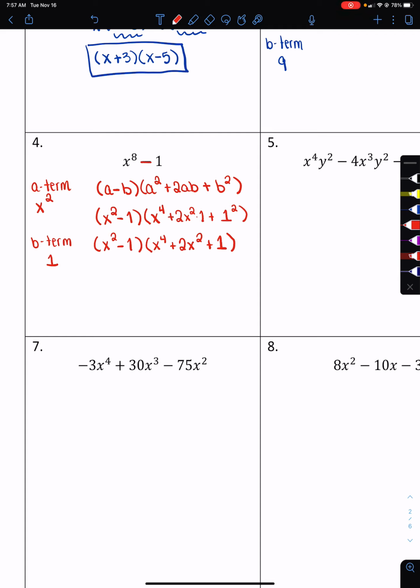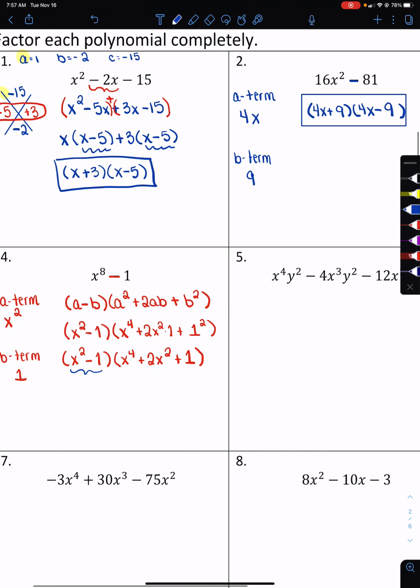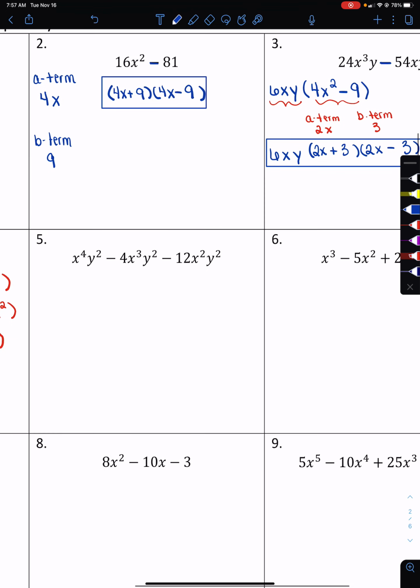I need to look, though, to see if there's still anything that I can factor. Can I still break it apart even more? Okay, looking at these two, that is the difference of perfect squares. So that looks just like what we did on number 2 and number 3.